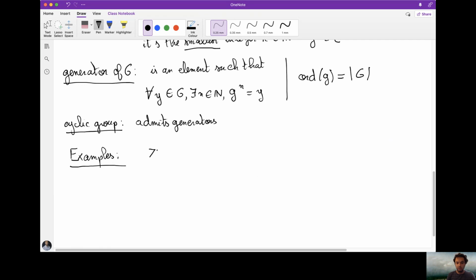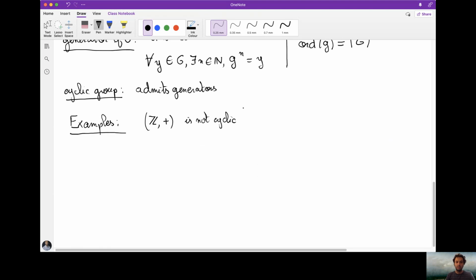If you consider the integers with addition, well, there is no generator. It does not have one single element, it is not cyclic. You need 1 and -1, so you need two elements to be able to build all other numbers from them. From 1 you can build all positive numbers, and from -1 all negative numbers, but you need both of them to build all numbers. So Z plus is not cyclic.